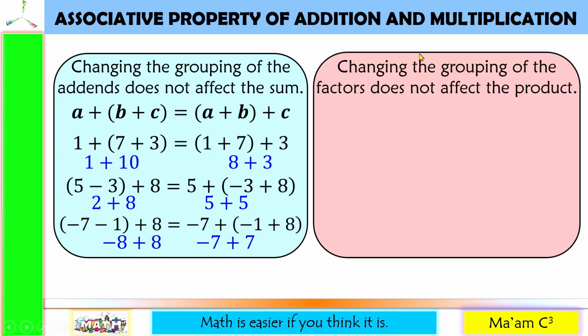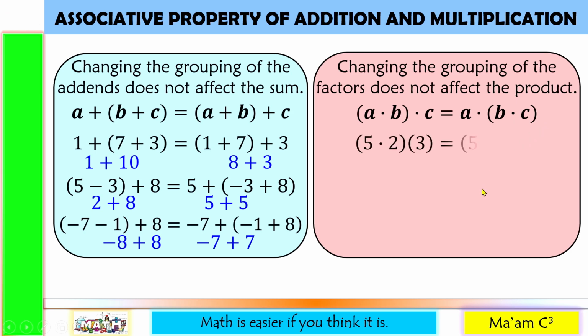Next, changing the grouping of the factors does not affect the product. In symbol, quantity A times B times C is equal to A times the quantity B times C. Let's have an example.